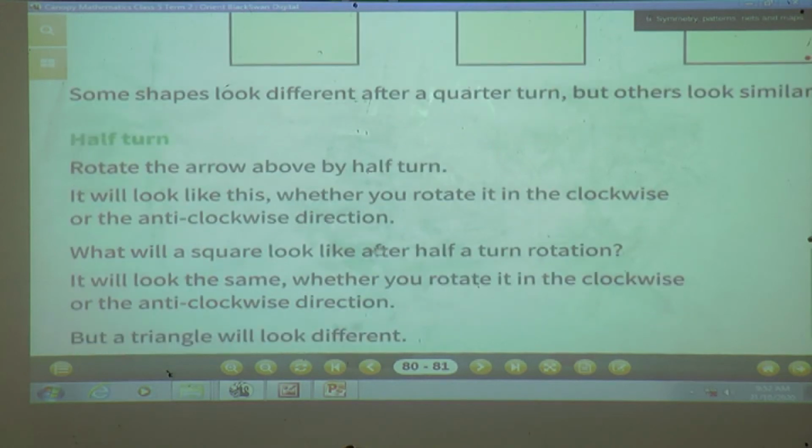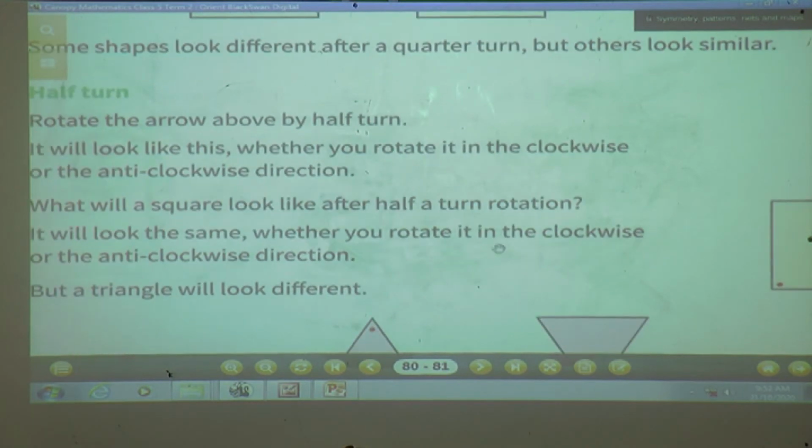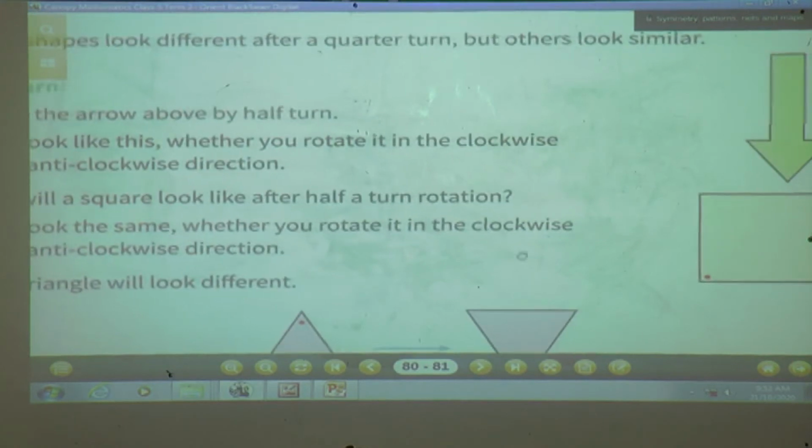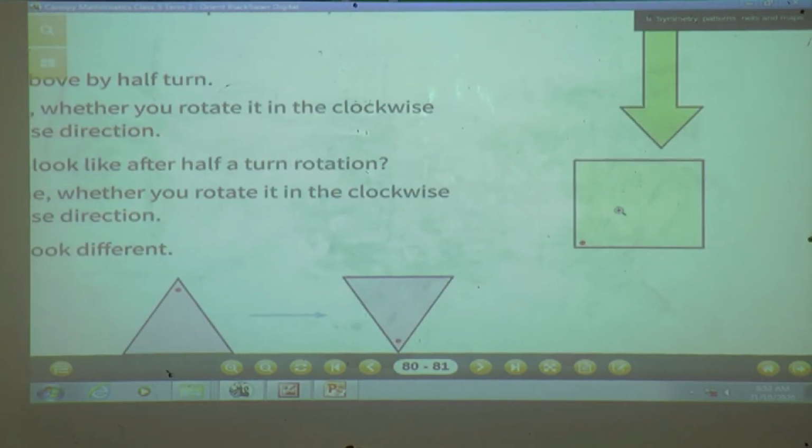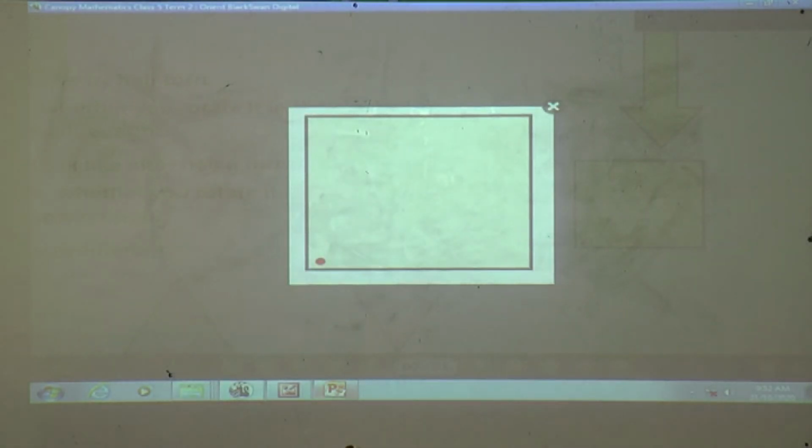What will a square look like after a half turn rotation? See in this figure, what will a square look like after a half turn rotation? So students, think about it. Where will it come? Yes, you will think and tell me.